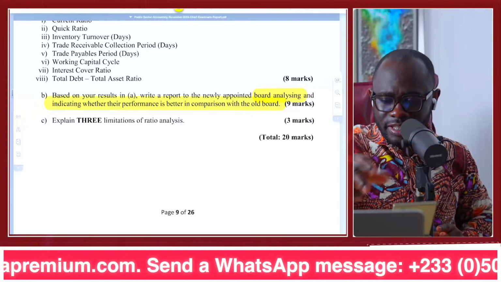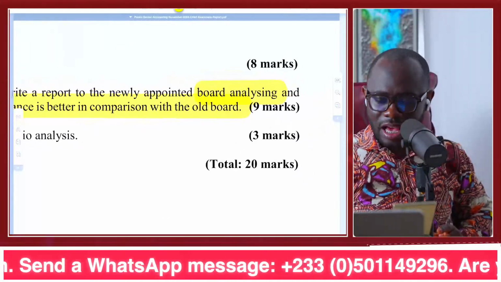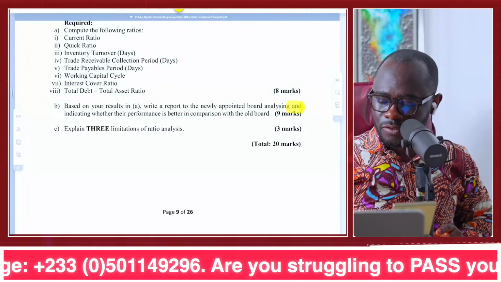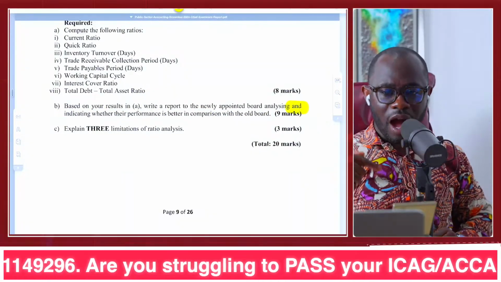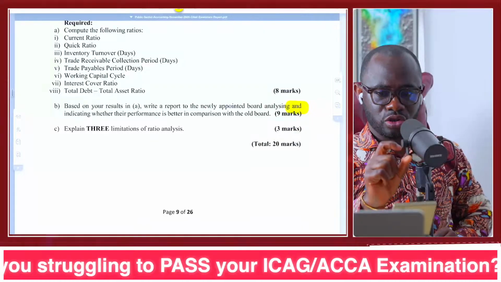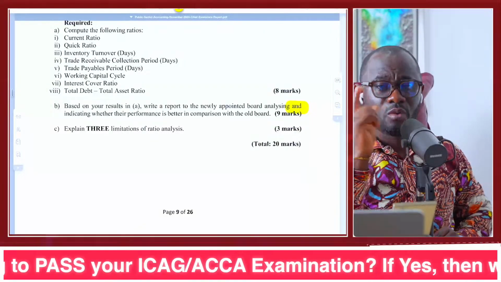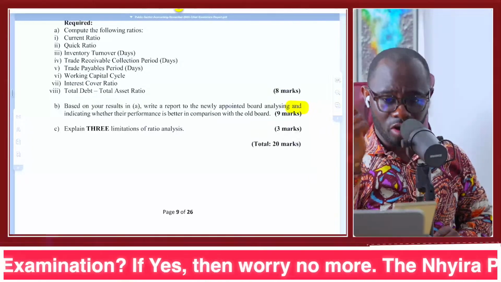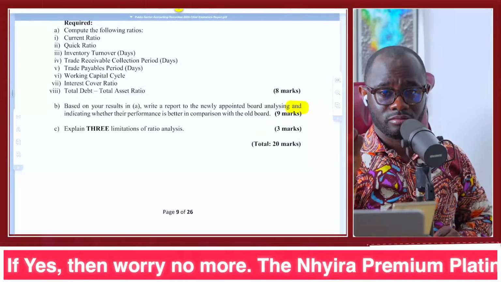There are two things here. And many times people miss that some questions have two requirements. So you are analyzing and also trying to assess which board performs better.